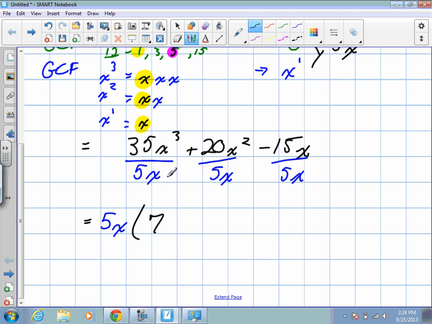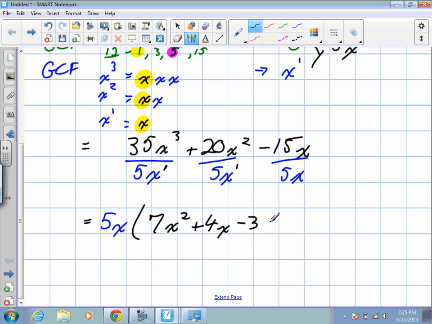That's right. We just subtract the exponents. 3 minus 1 is 2, so we get x squared. The next set, positive 20 divided by 5. 4. x squared divided by x? That's right. 2 subtract 1 is just 1, so x to the power of 1. And what is negative 15 divided by 5? 3. x divided by x? They cancel out. So there is no x left over here.